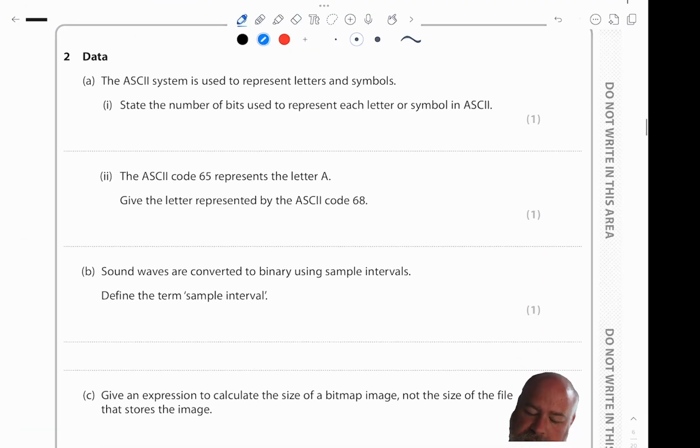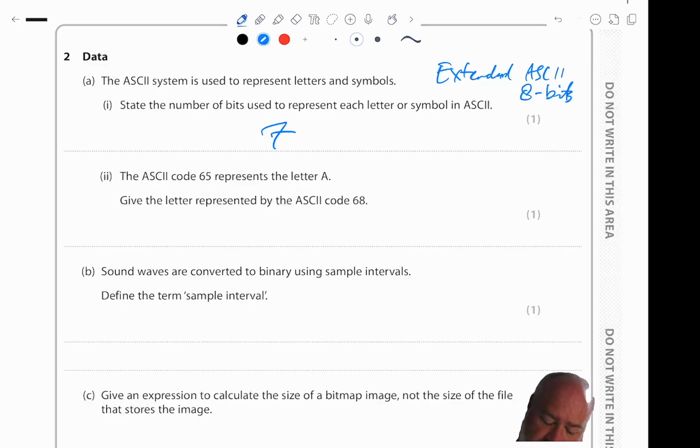ASCII, American Standard Code for Information Interchange, is used to represent letters and symbols. State the number of bits. 7, not 8. Extended ASCII is 8 bits. You're not going to get asked about that in GCSE. So it's 7.